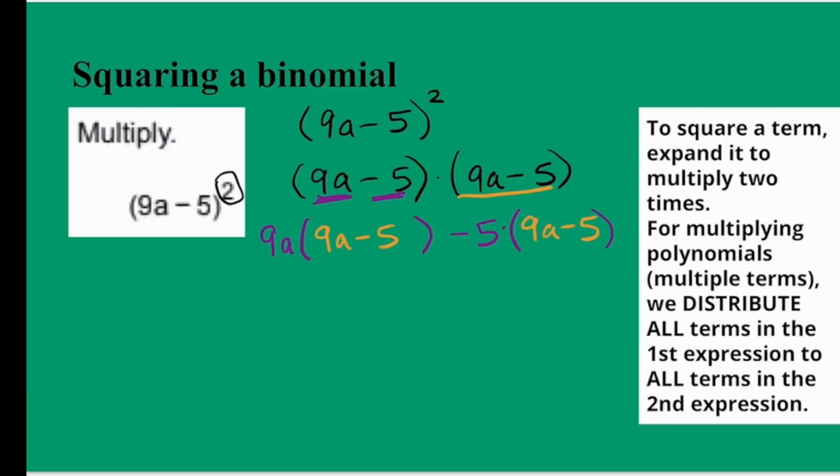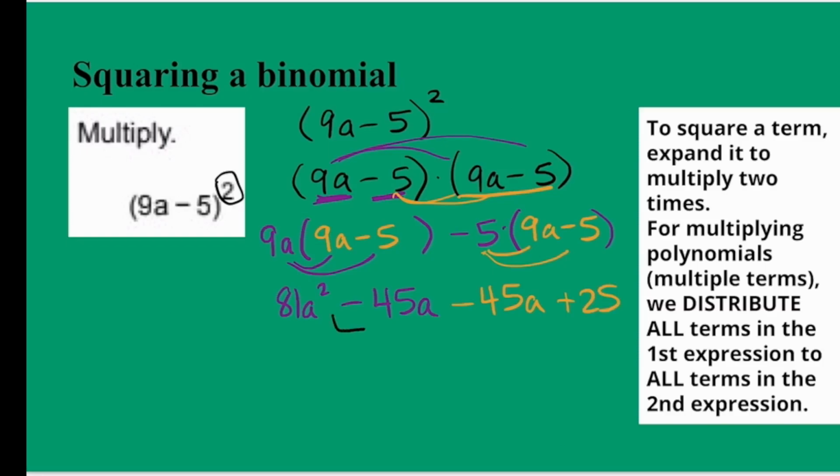So first part, 9a times 9a, we get 81a squared. 9a times negative 5 is negative 45a. And the second piece, negative 5 times 9a is negative 45a. Negative 5 times negative 5 is positive 25. This is very easy to make a mistake. That is a negative, minus.